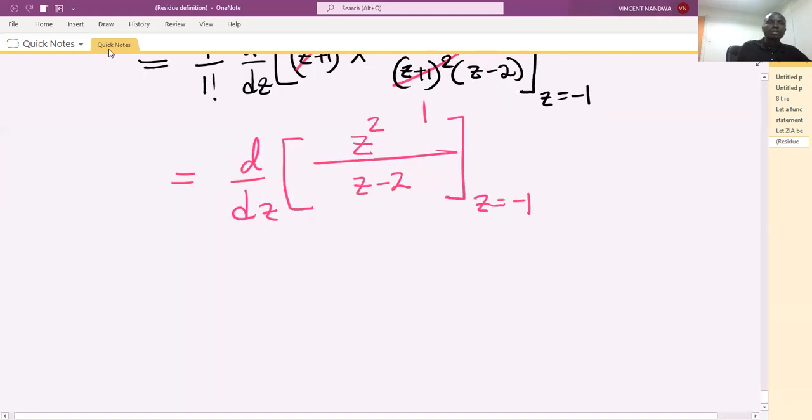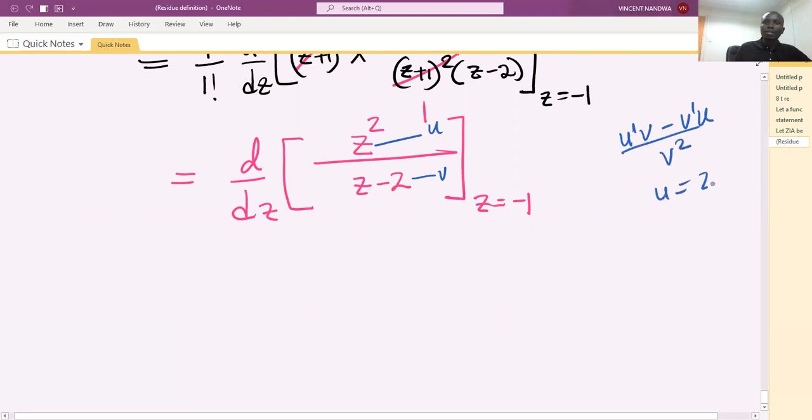So we use the quotient rule to carry out this differentiation. Let this one be u and this one be v. The derivative is given by (u prime v minus v prime u) over v squared.